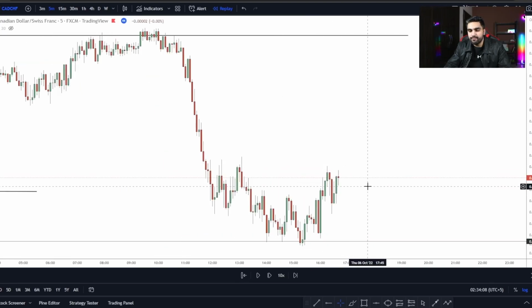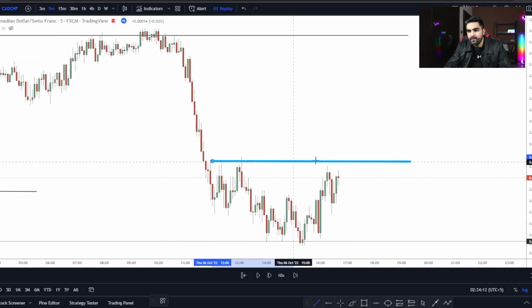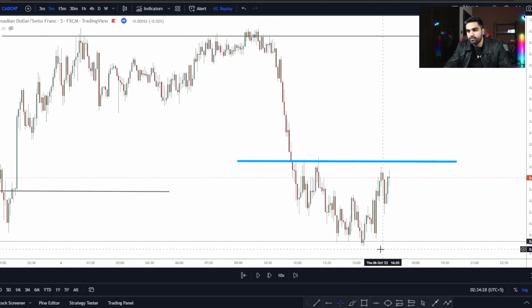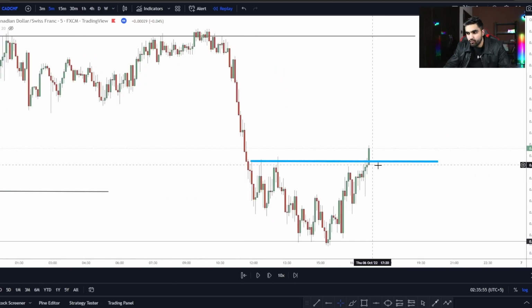On the 5-minute time frame, we have this level of resistance, and we need to break this level of resistance. When we break this resistance level, we can simply take the trade, put our stop loss lower than the rejections, and our target at the high of the 1-hour time frame. So we definitely have broken the previous resistance level.